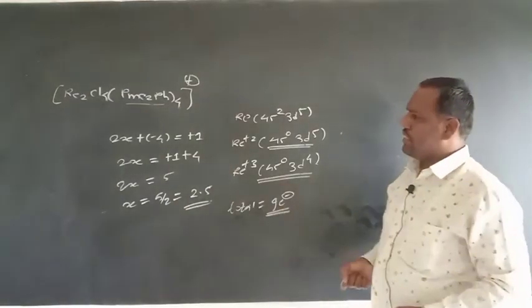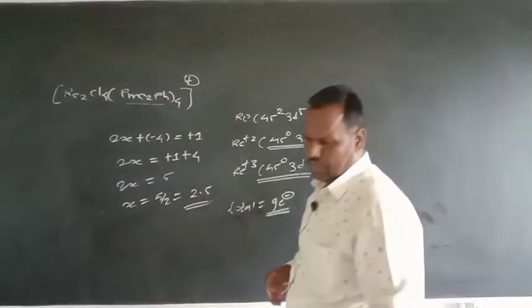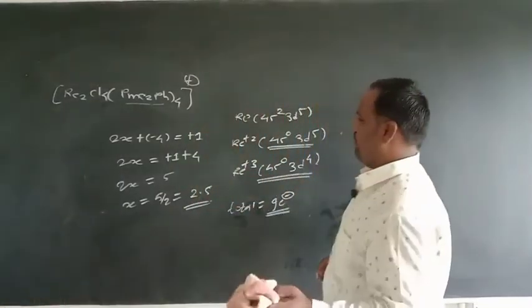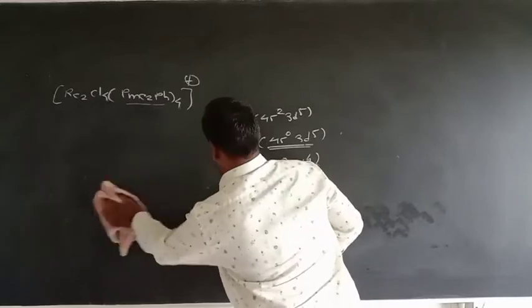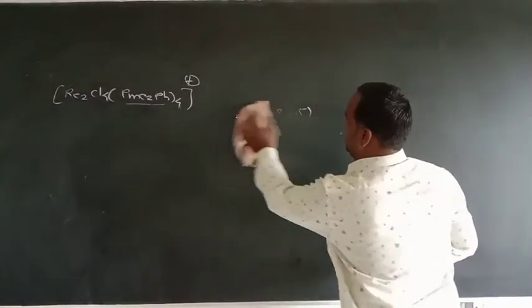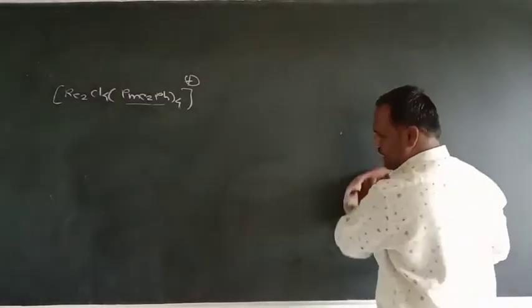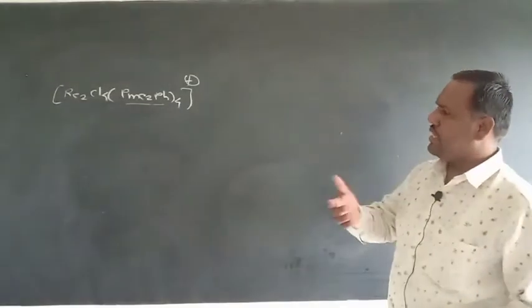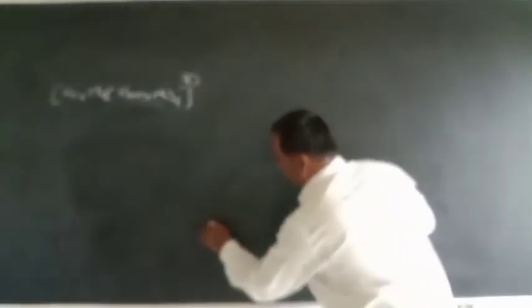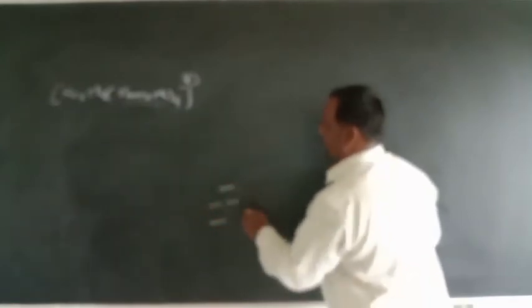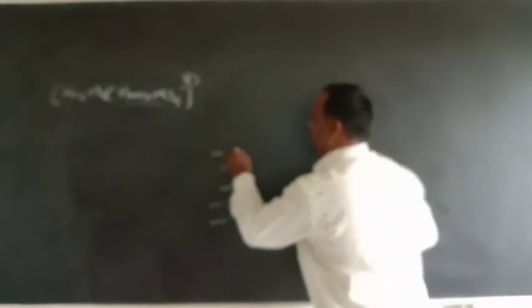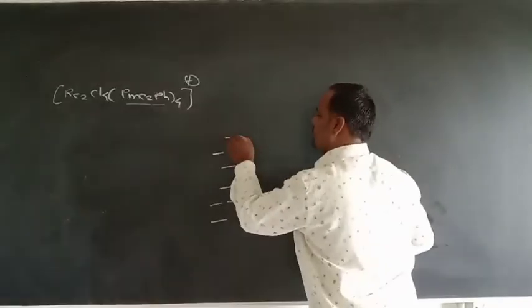And again we consider the energy level diagram for this metal-metal bond. For this complex, one rhenium is in +3 oxidation state and another rhenium is in +2 oxidation state, and a total of 9 electrons are there. So again you fill the electrons: sigma, pi, delta, then delta star, pi star, and then sigma star.